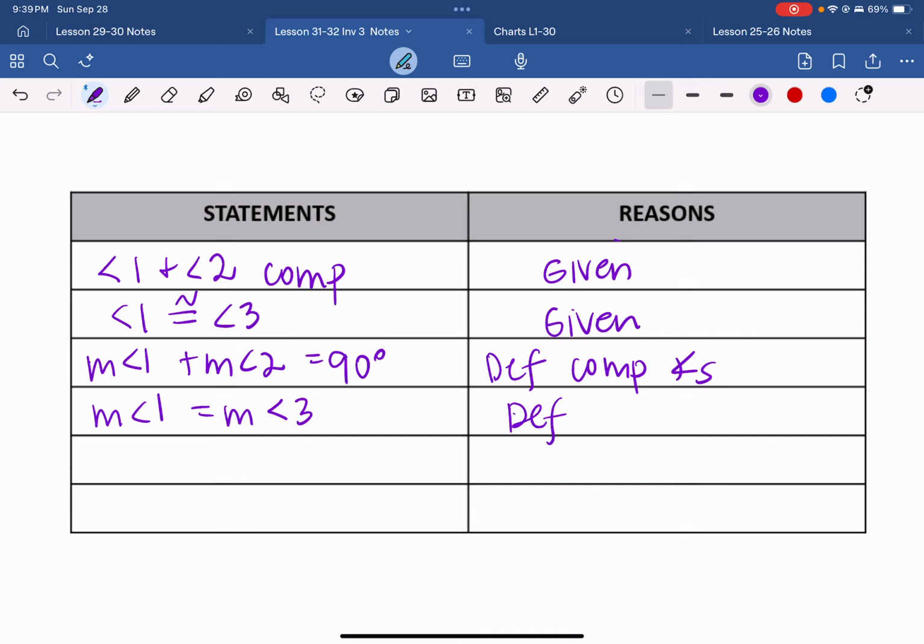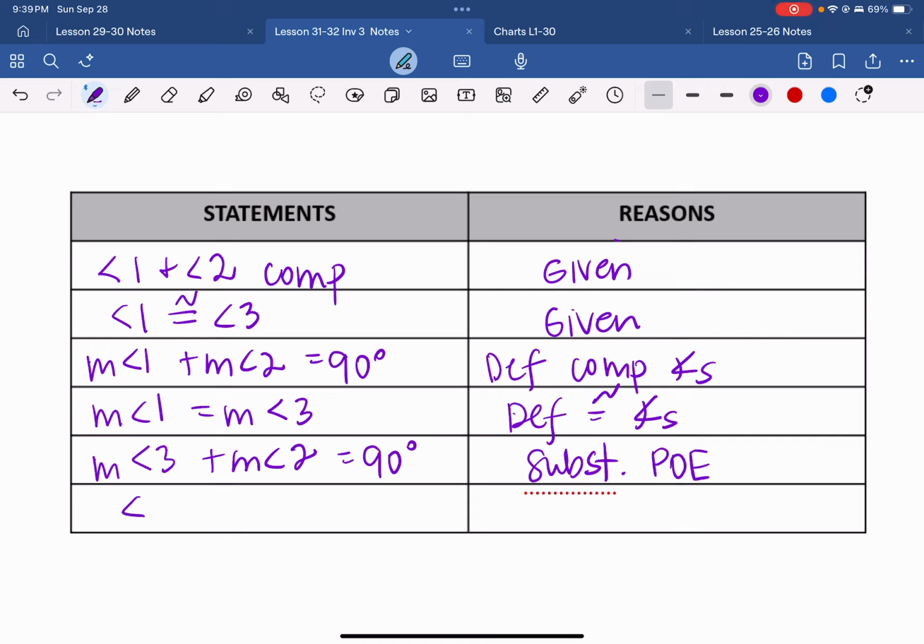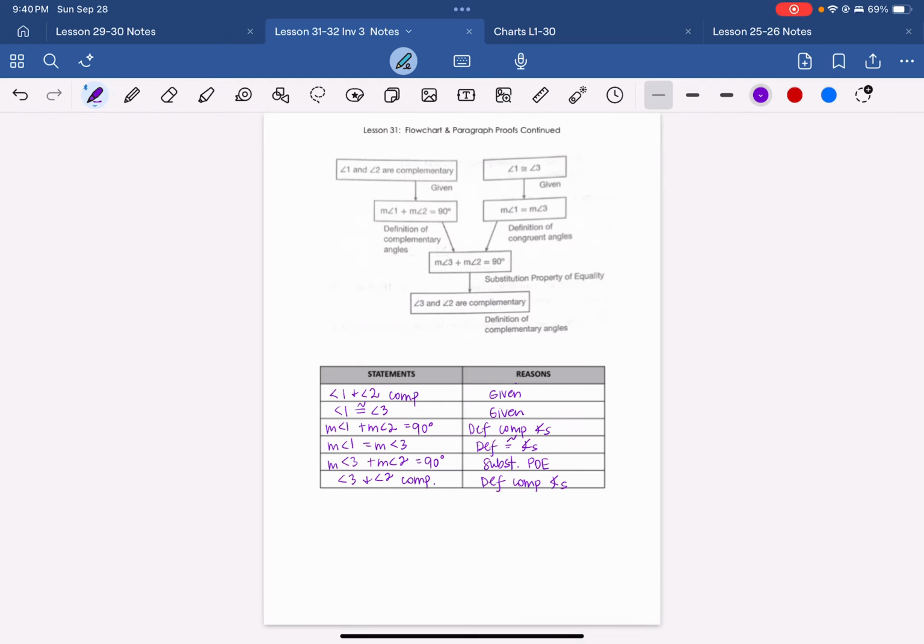Definition of congruent angles. Measure of angle 3 plus measure of angle 2 equals 90 degrees. Substitution, POE, property of equality. And then lastly, angle 3 and angle 2 are complementary. Definition of complementary angles. How'd you do? Pretty easy, right?